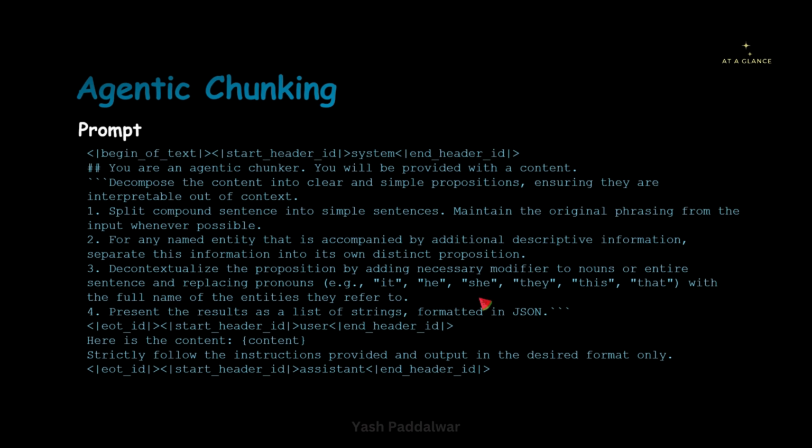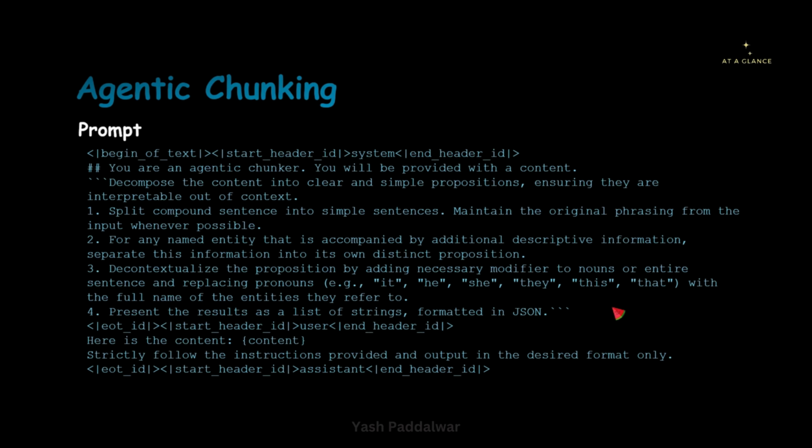For example, it, he, she, they, this, that, with the full name of the entities they refer to. The large language model is intelligent enough to understand whom that particular pronoun is addressing. It will automatically replace it. The fourth step that it has to follow is to present the result as a list of strings formatted as JSON.